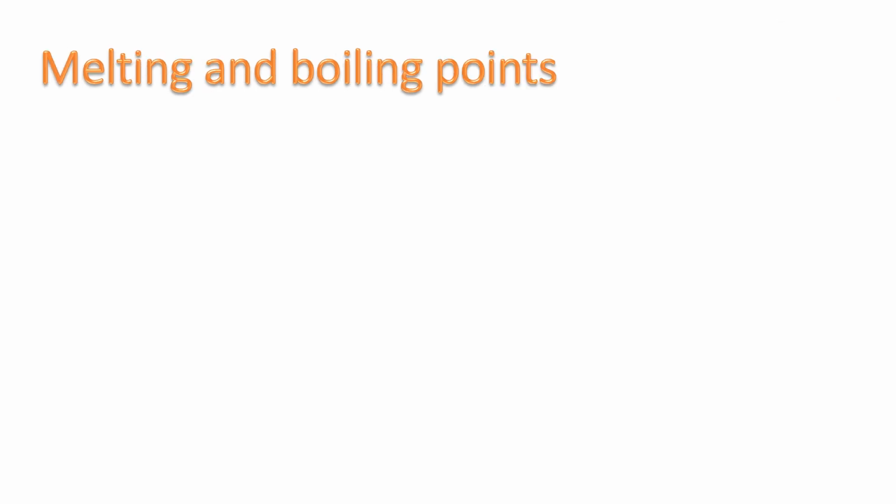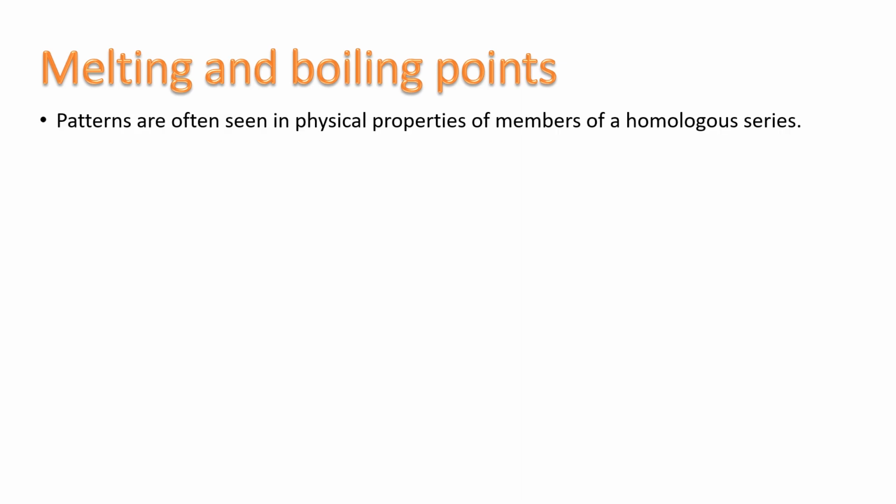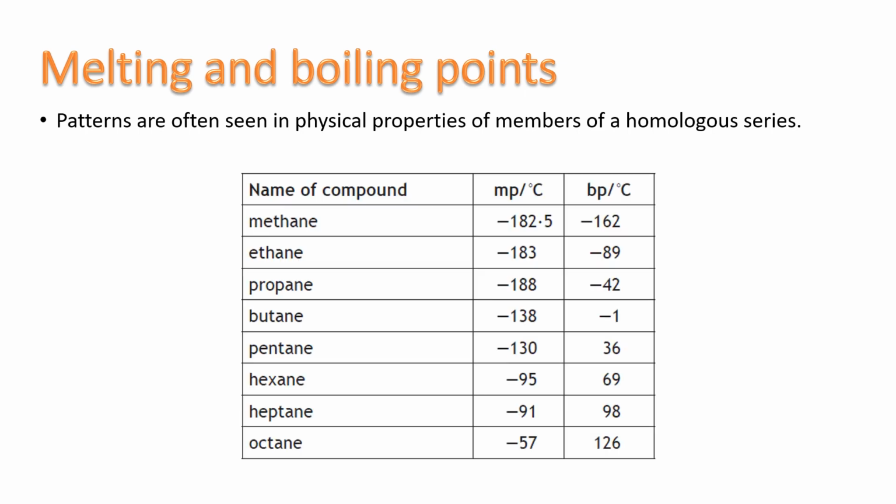Okay, now let's think about their melting and boiling points. Patterns are often seen in physical properties of members of a homologous series. So if we look here, we've got the alkanes, and this is taken from the data booklet. Now going from methane to octane, the molecule size is increasing.